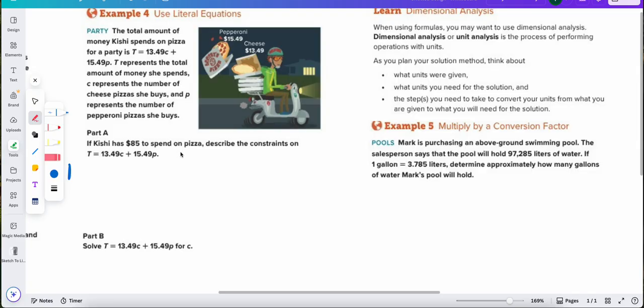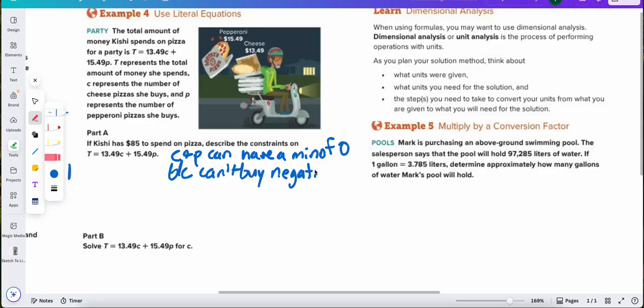Okay, so C and P can have a min of 0 because you can't buy negative pizzas. Okay, so we know what the min is. So now we need to go through and find the max of each of these.